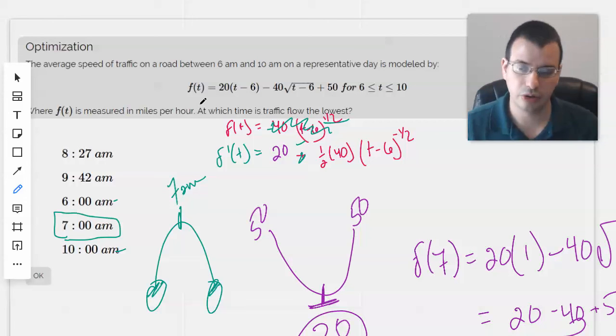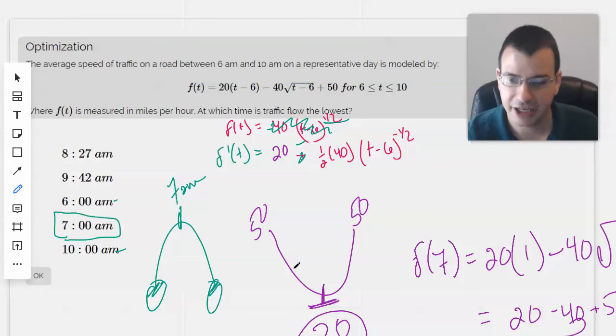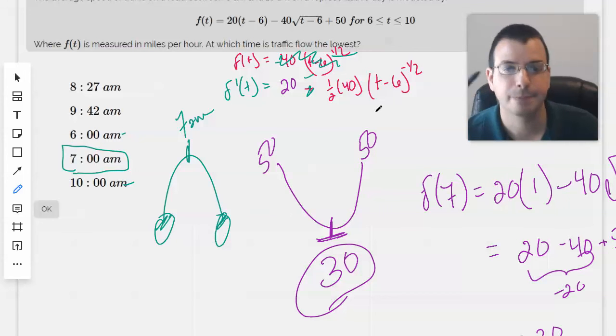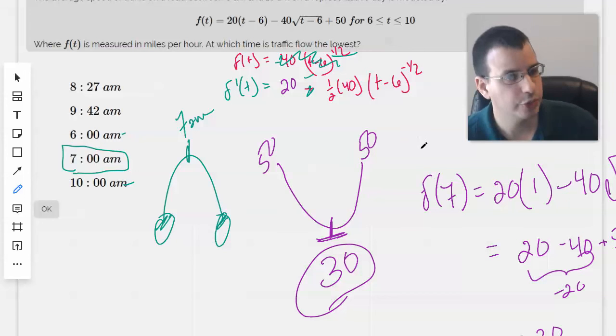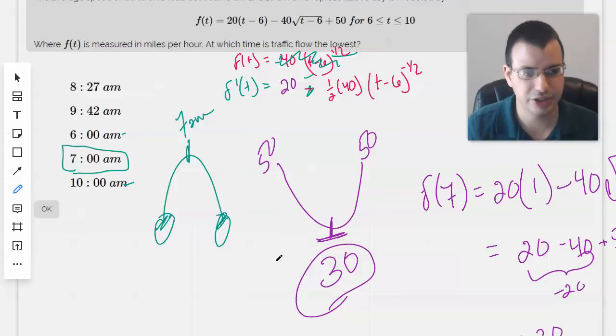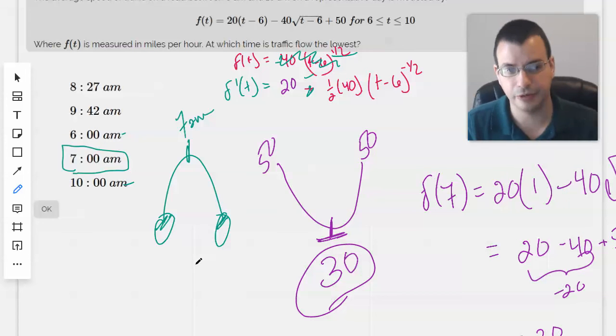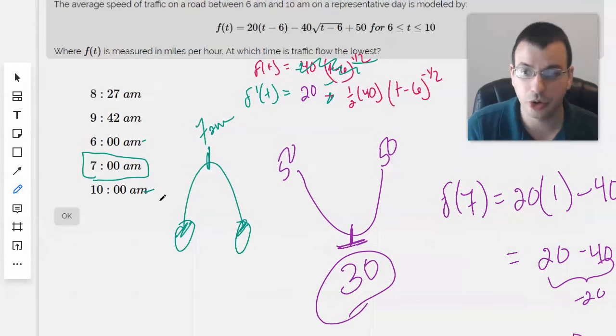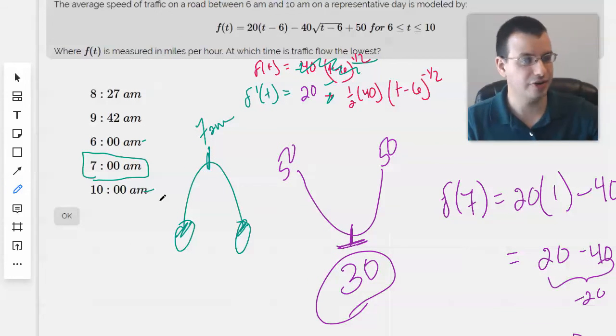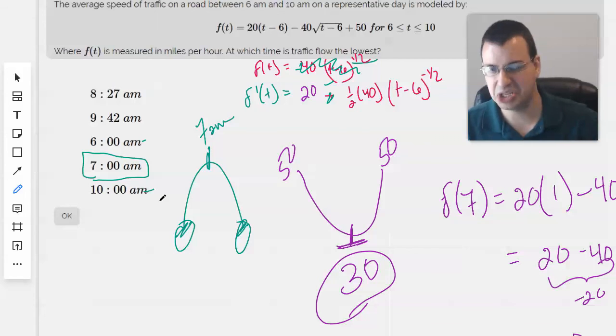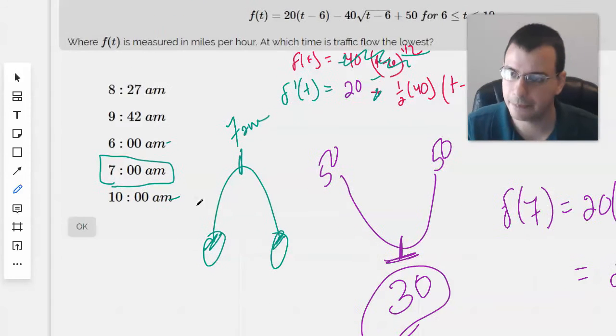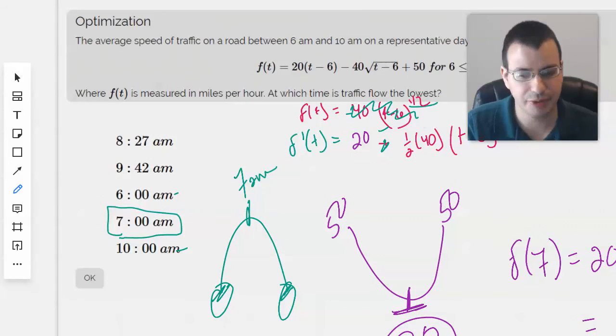Set equal to 0 to find the potential min or max, and that's how we found 7 a.m. We then plugged it back in, looked at the endpoints, and verified that 7 a.m. was less than the endpoints, therefore it was a minimum. We also could have found the second derivative and used the concavity, but in this case, not worth the effort. Okay, that is how we do this kind of optimization problem.